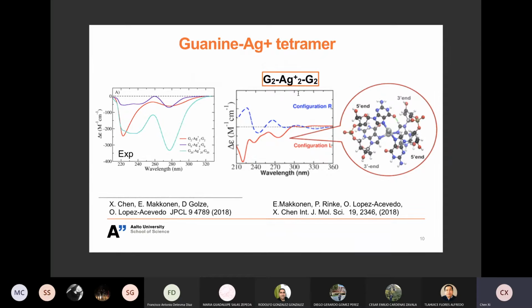we also studied the silver atoms with guanine tetramer, and we found one interesting thing: for cytosine, it has the right-handed orientation of DNA, but for guanine, it has a left-handed orientation.